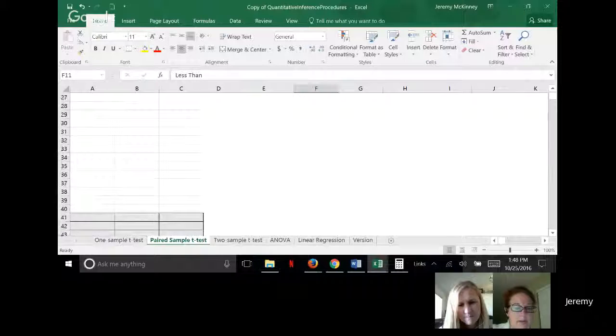We can give it a try. I'm putting the data back in, and let me see if I can make some heads or tails of it. Okay, so when it's equal to, our P is the 0.689 that we got, and we're changing it to greater than, and it goes down to 0.344, so we still fail to reject it.